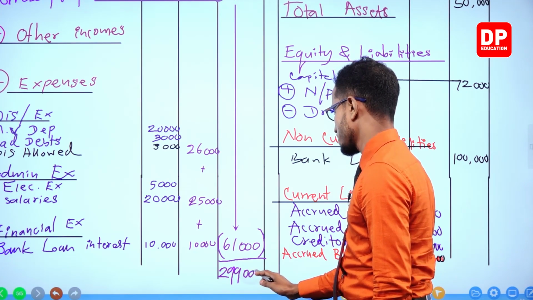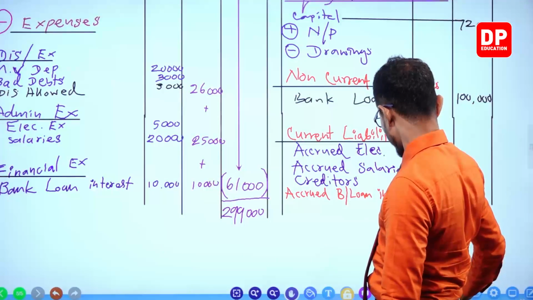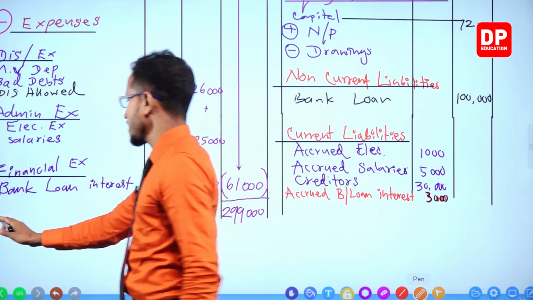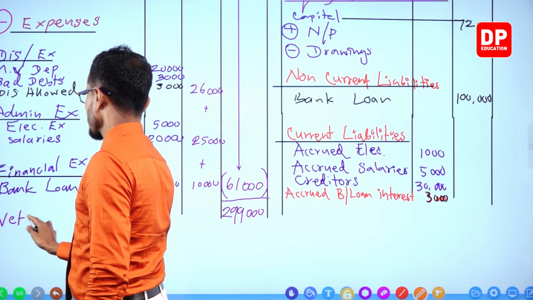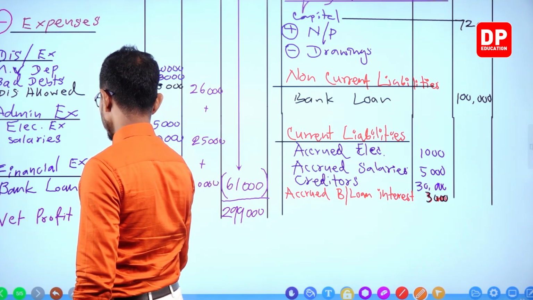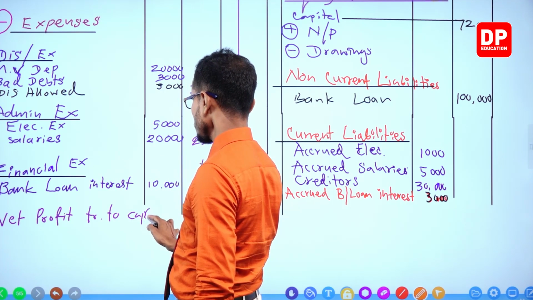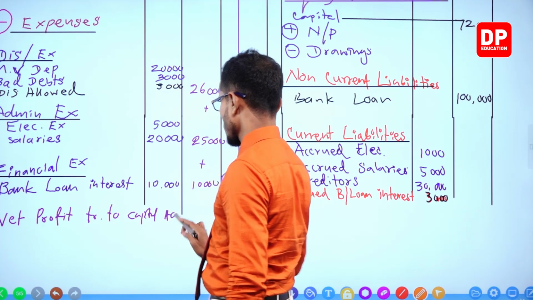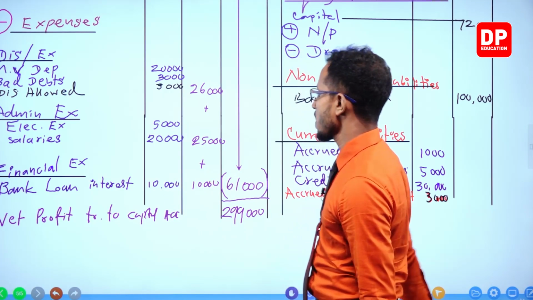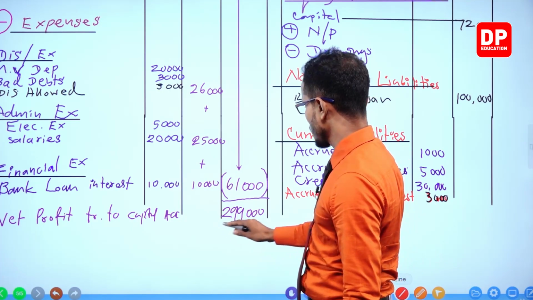That is your net profit. Put it up, and mention the net profit transferred to capital account. $299,000. There you go.